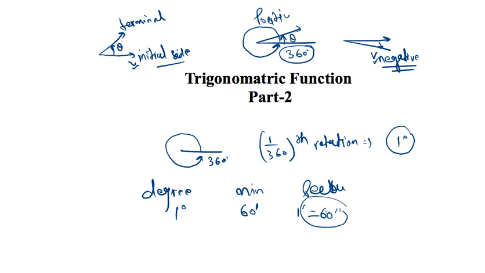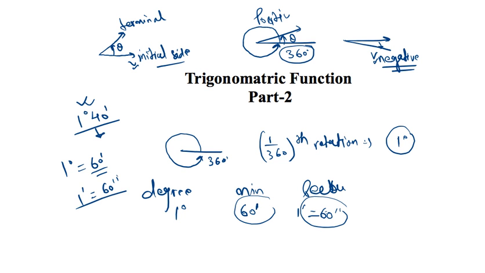Sometimes a question is asked where you have to convert 1 degree 40 minutes to seconds, or convert it into degrees. So a double dash is second, a single dash is minute, and this is degree.